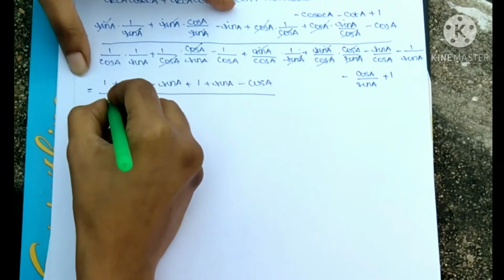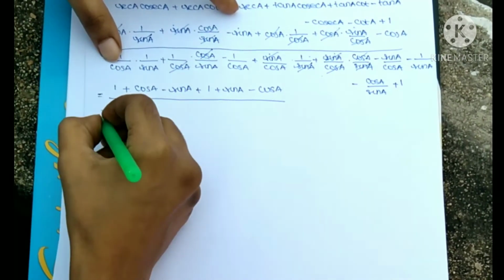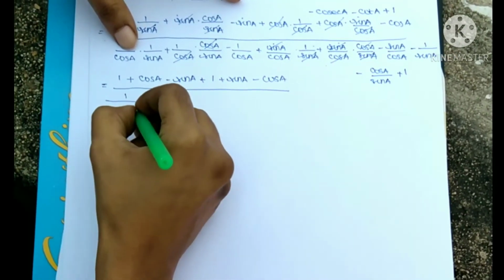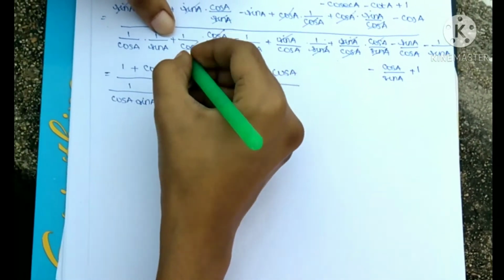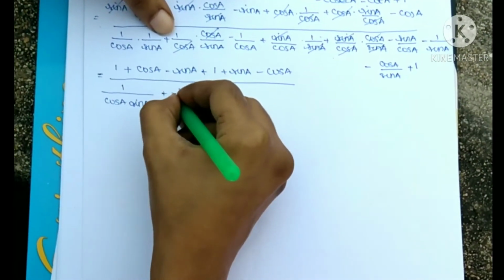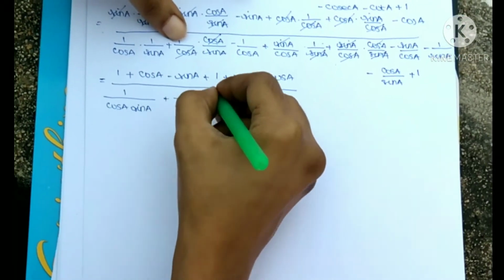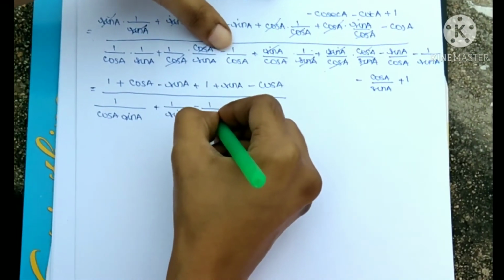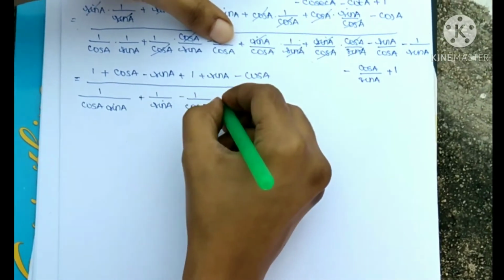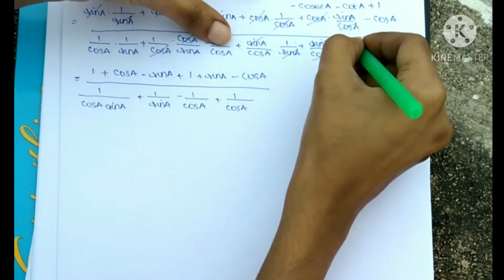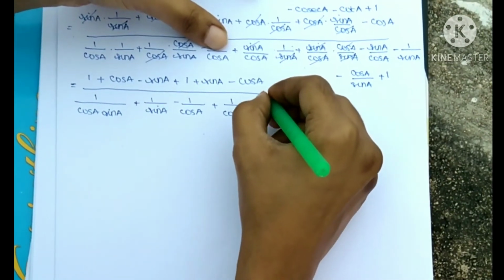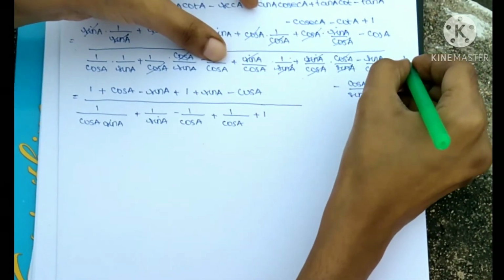In the denominator we see this remains same. This is 1 divided by cos A sin A. Shall I write that? This cos A gets cancelled, meaning 1 by sin A remaining. Here 1 by cos A. Here also sin A sin A will get cancelled, meaning plus 1 by cos A. Here both are cancelled, meaning plus 1 remaining.